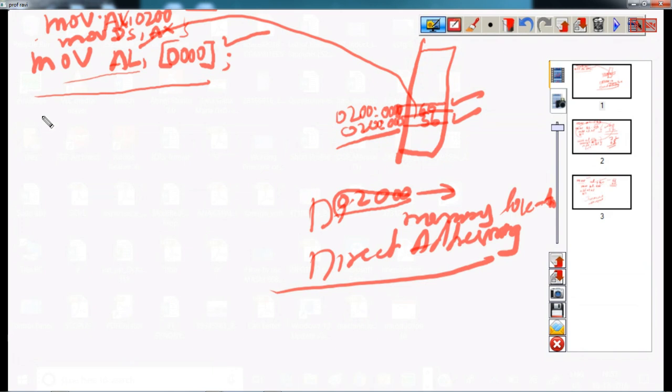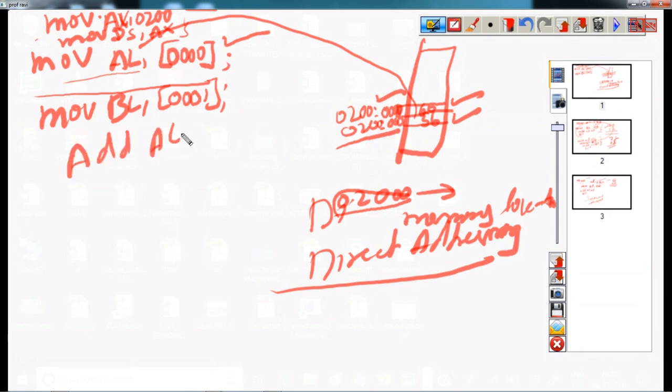Then next what I do is MOV BL, 0001. This 0001 is the next byte at which my data is. Then I will simply say ADD AL, BL and HLT. So what is the advantage of writing this kind of program?